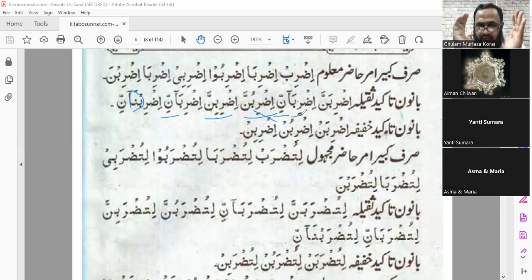So, summing up the discussion so far: the way to form Amar Hazir Ma'loom from Fe'lul Muzare, because Amar Hazir Ma'loom is made from Fe'lul Muzare. Number 1, drop the Alamatul Muzare.